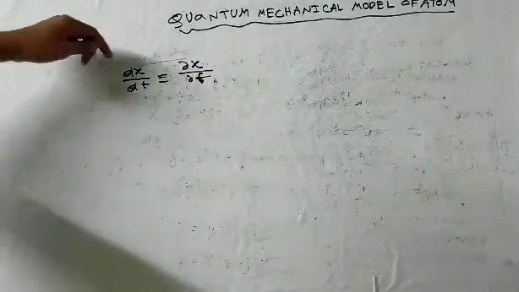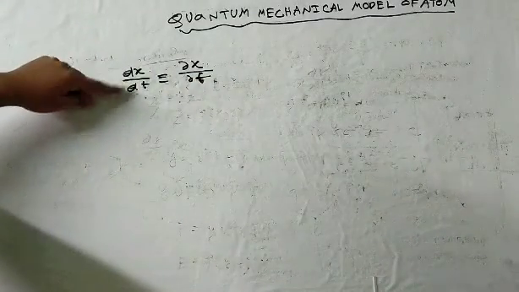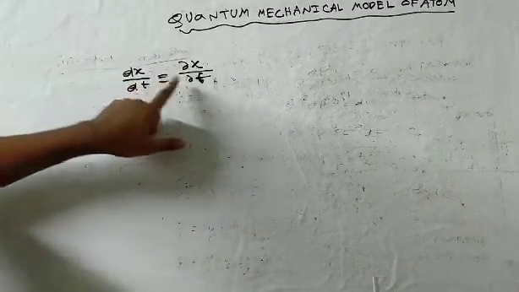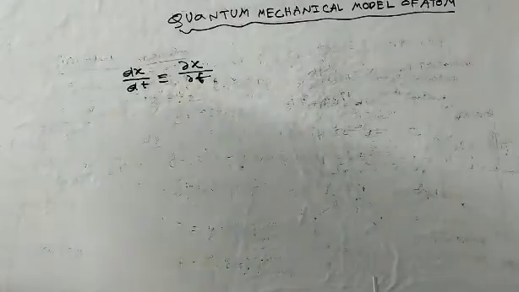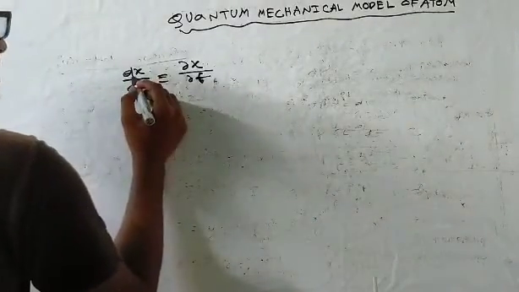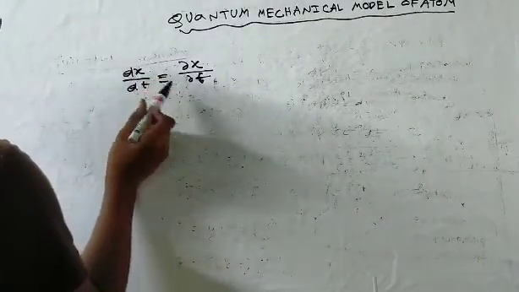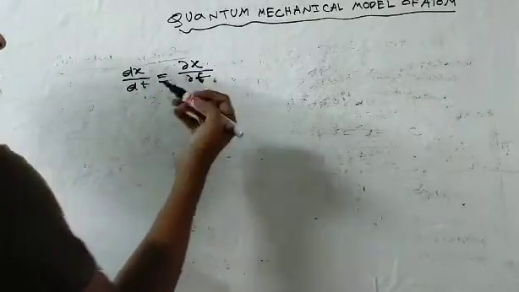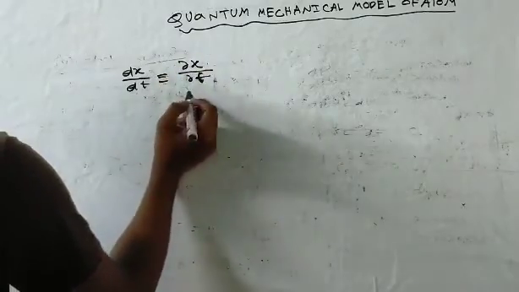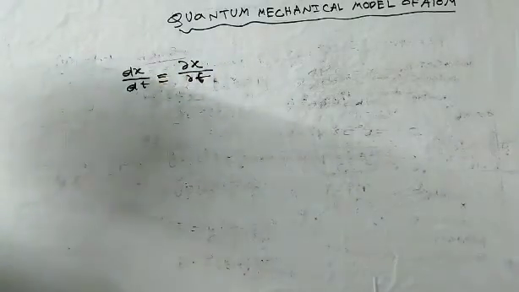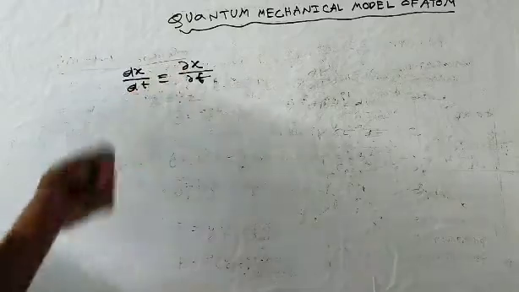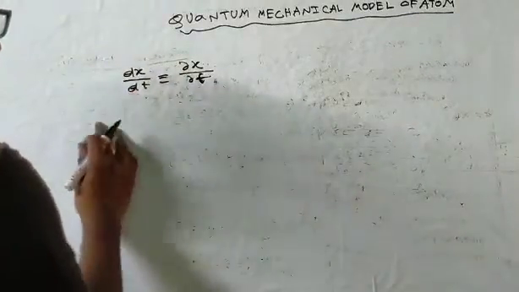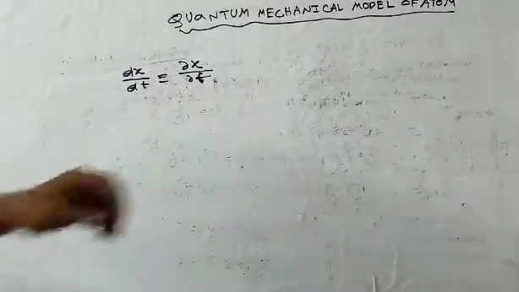This is also a notation of derivative, and this is also a notation of calculus. dx by dt means I am doing the derivative of x with respect to t, and del x by del t means the same, the derivative of x with respect to t. So dx by dt and del x by del t are the same thing, but the latter is called a partial derivative.